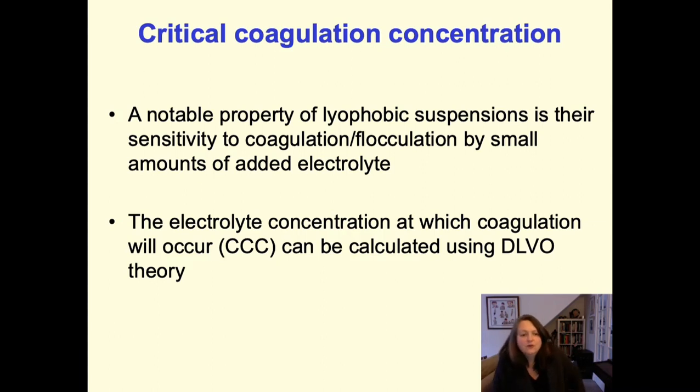Now they call the amount that you add that just about starts to form these aggregates the critical coagulation concentration, which is a little bit misleading because it really should be the critical aggregation concentration, because we're not necessarily creating a coagulated state, we're creating an aggregated state. Okay, so we're adding electrolyte to slightly destabilize our system.